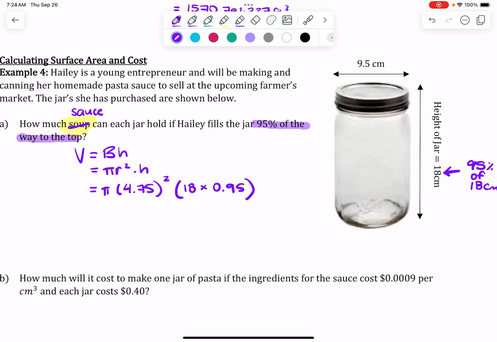Right? Because anytime I multiply by 0 point something, my number is going to get smaller, which is fair because if 18 is 100%, then my number that's 95% has to be a little bit smaller than 18. And again, if it's of the way to the top, of implies multiplication. So that's why I have 18 times 0.95.